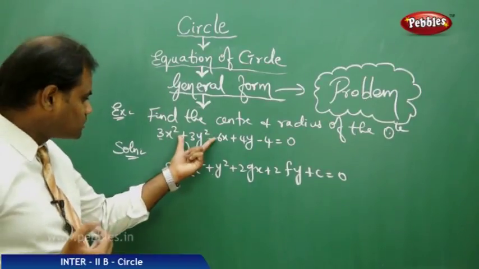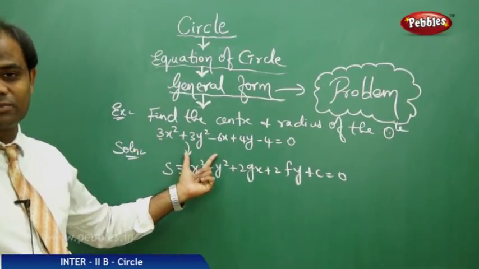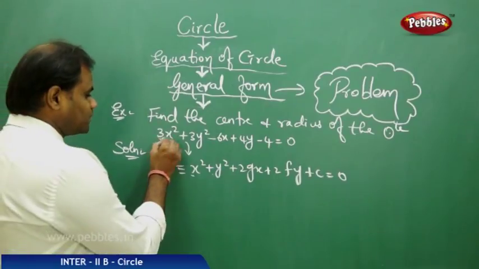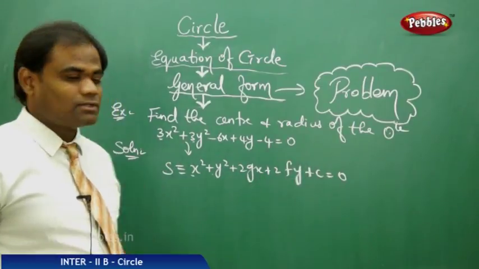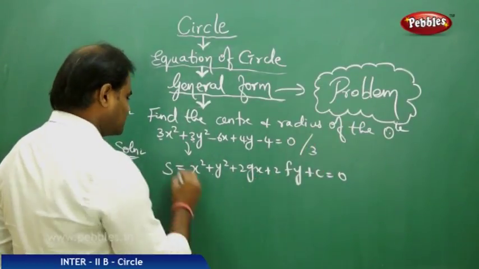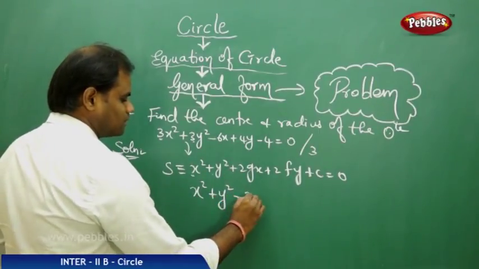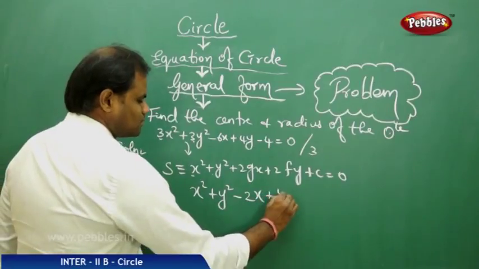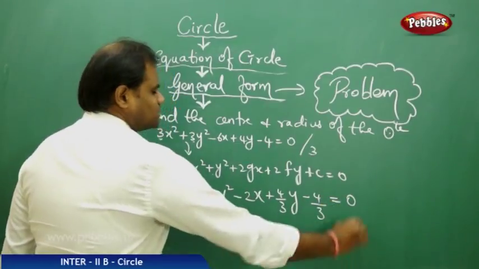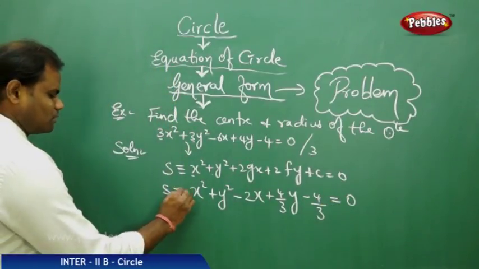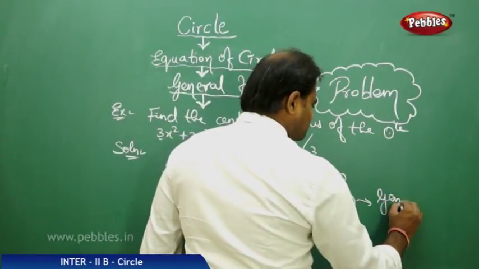Therefore, in order to reduce this to the general form, I need to eliminate the 3 from x squared and y squared. So I divide the whole equation by 3, which gives me x squared plus y squared minus 2x plus 4 by 3 y minus 4 by 3 equals 0 by 3, which is 0. So this is the equation of the circle in general form.